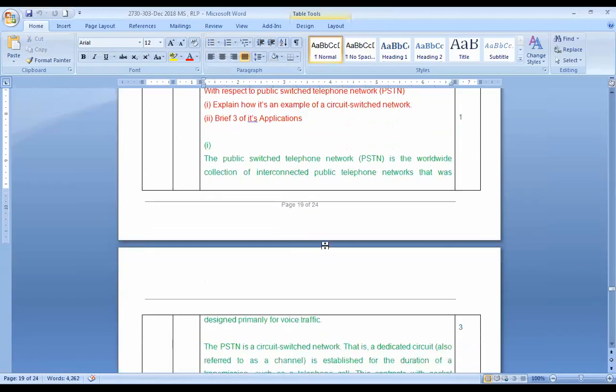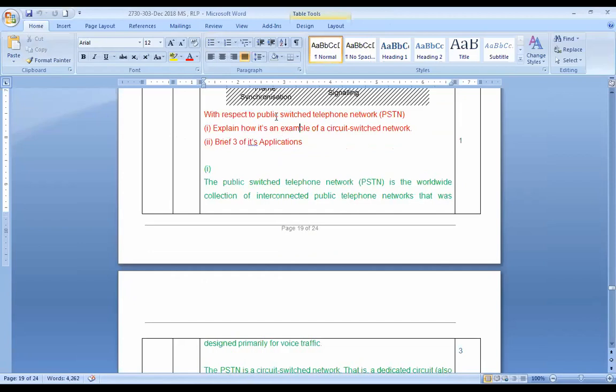Now, with respect to PSTN, which is the public switched telephone network, these are the networks which were there previously in the wired connections, the landlines, you could say, and how these connections come from the main switching center. With respect to this PSTN, I'll explain how it's an example of a circuit switched network.